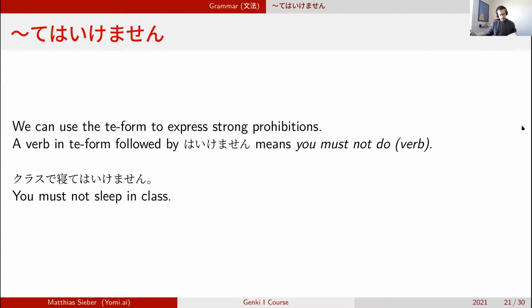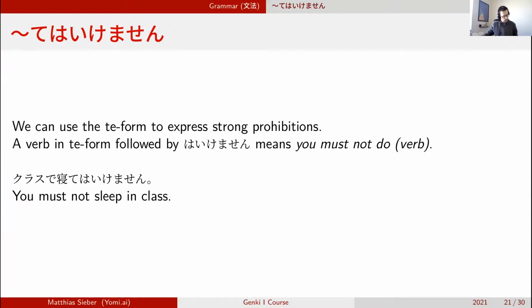That's essentially it. So let's look at page 160, Roman numeral 5. Tabete wa ikemasen. You're the teacher of a rowdy class, so ban the following disruptive activities.